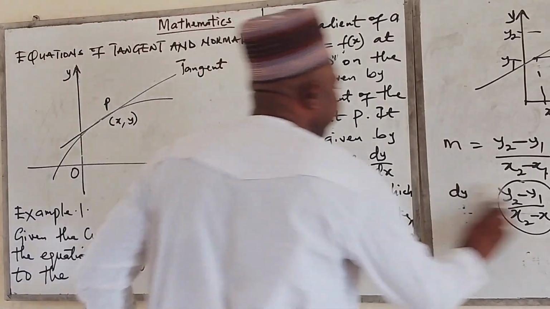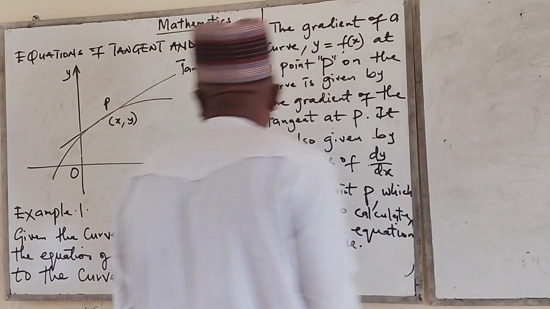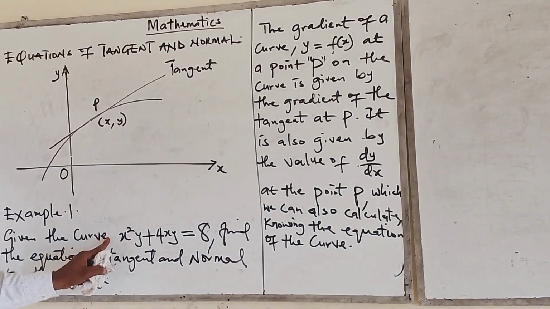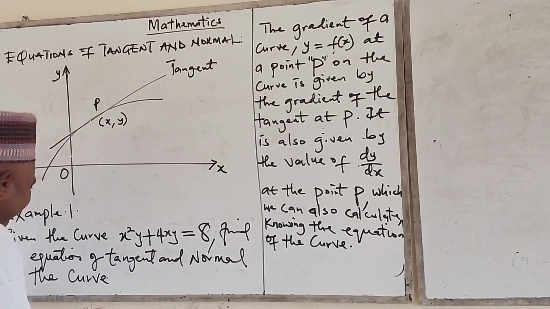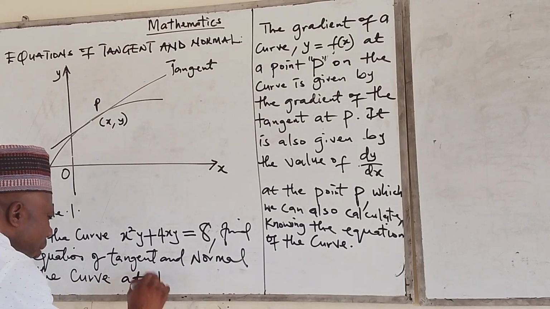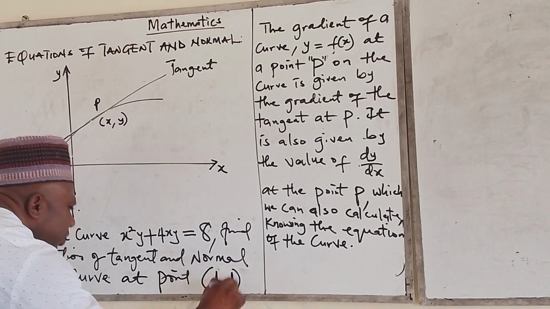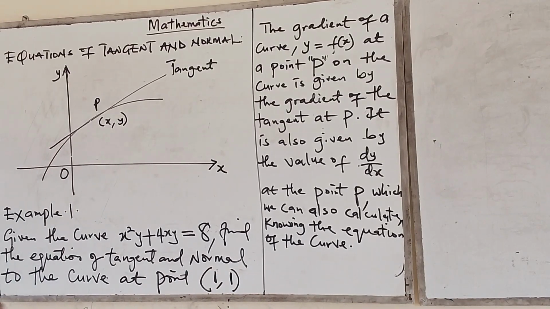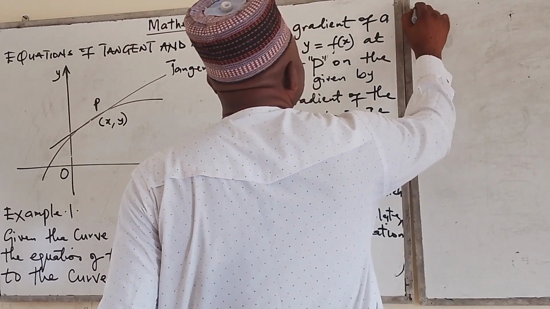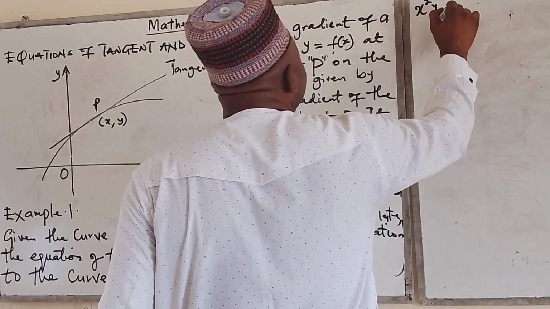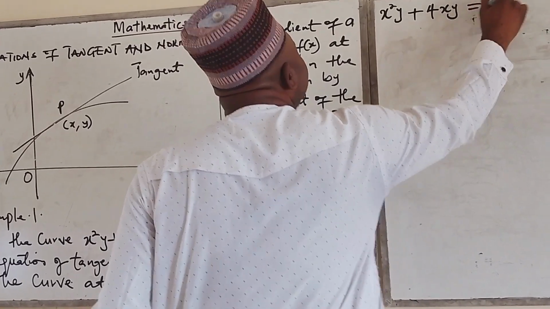Now let's look at this. The curve here is x squared y plus 4xy is equal to 8, at the point x1, y1. Now, x squared y plus 4xy is equal to 8.